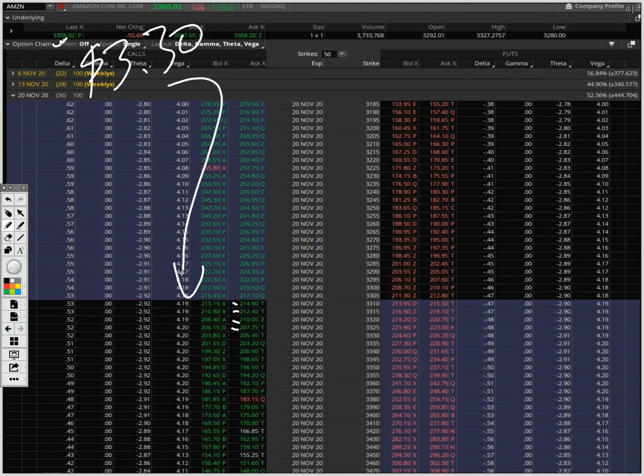So when you're looking at Amazon and saying, oh my God, that bid offer is really wide, well, in relation to how big this underlying is trading, it's not. These are actually really tight markets, all right? So you can see that works out on the bid offer here across the board for the most part. So that's our rule of thumb for that.